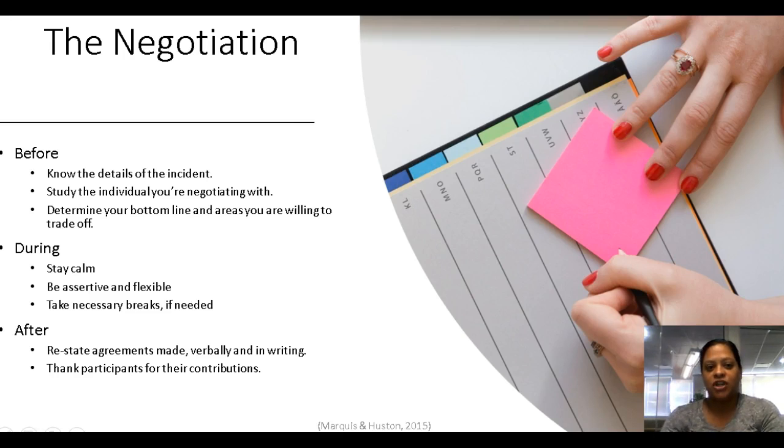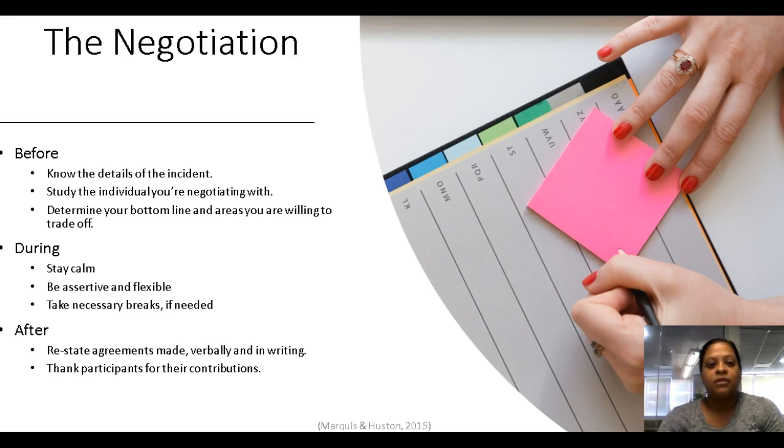Before the negotiation, the negotiator needs to know all the details of the incident. They should listen to both sides of the story and get any other available witnesses or accounts of the incident. It may be beneficial for the negotiator to look through the records of the employees involved in order to understand who they're working with, to study the individual.